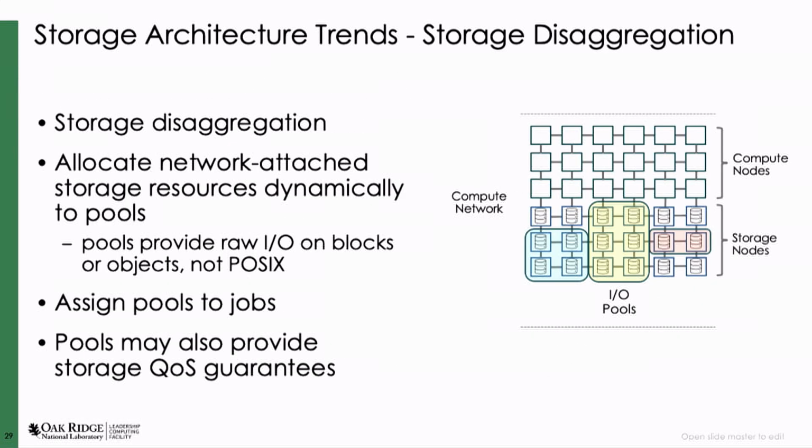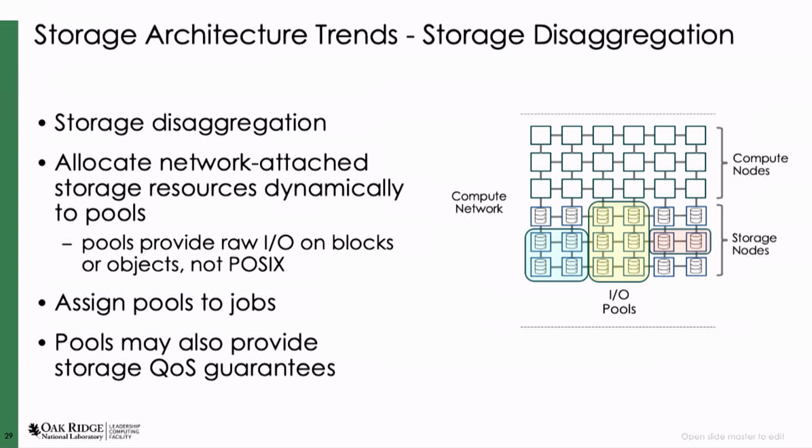Another interesting architectural trend is storage disaggregation. The idea behind this is you directly attach storage to your compute network, your high performance network. Then you allocate these storage resources dynamically to predefined pools, which are basically just collections of storage resources.